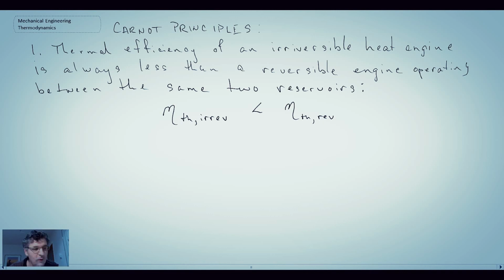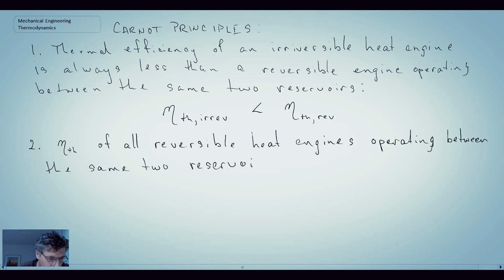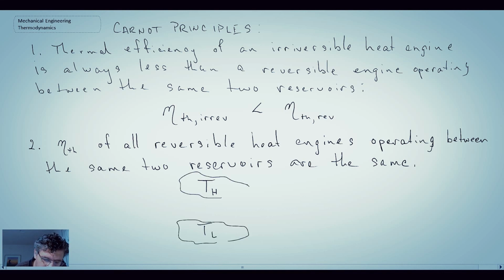A second Carnot principle is that the thermal efficiency of all reversible heat engines operating between the same two reservoirs, so two reservoirs at different temperatures, you'd have one at T high and one at T low, any type of heat engine, so here we have heat engine, we have heat flowing that way, and then work out.